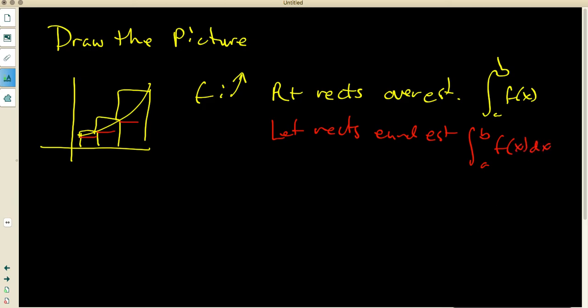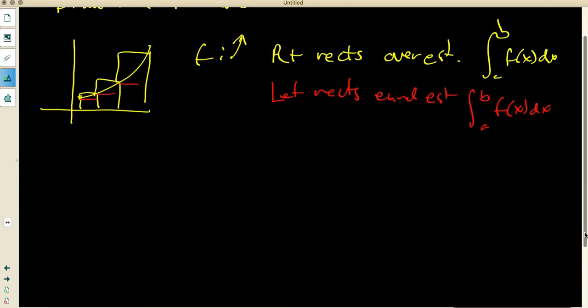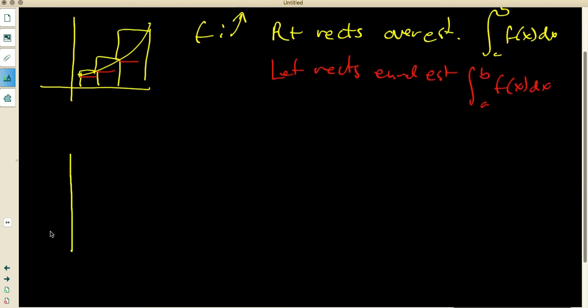And there should have been a dx up there as well, so I'll put that back in. But if I am on a decreasing function, so my function looks like this, and I draw some right rectangles, the right rectangles are going to be underneath the curve.